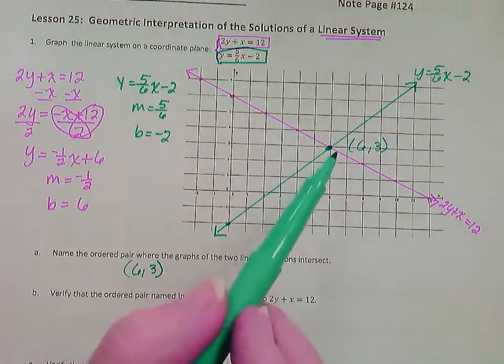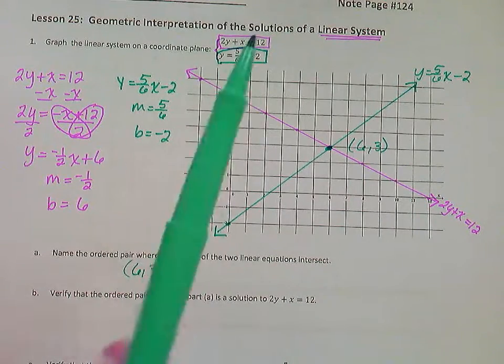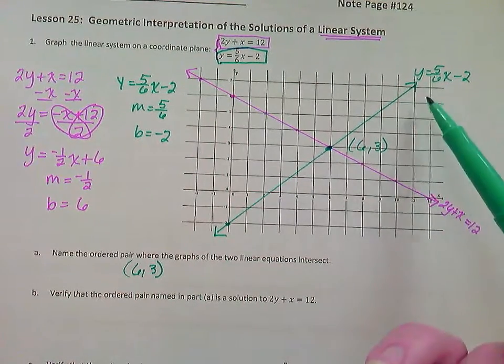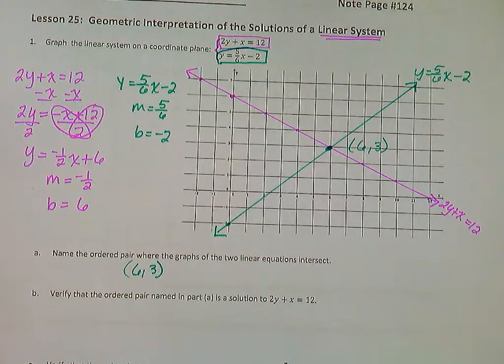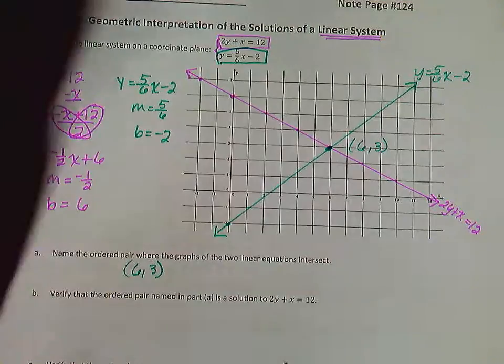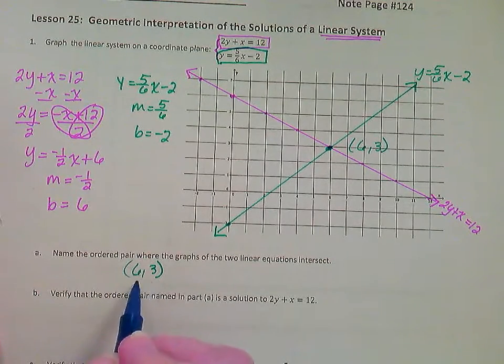That point is the only point that both satisfies or works in both equations. So if I plug it into this equation, it should work, and if I plug it into this equation, it should work. They want us to test that out. So to verify that the ordered pair we named here works in this equation, we're going to substitute it in.